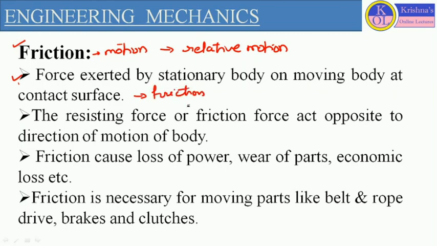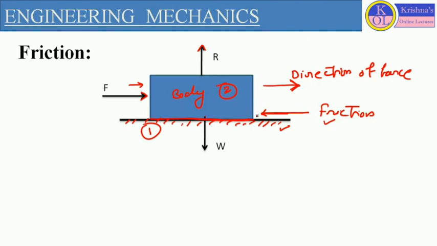This resisting force against the external load applicable on body 2 is called the friction force. Friction force always acts opposite to the direction of motion, or opposite to the direction of external force, and it will always act tangential to the contact surface.